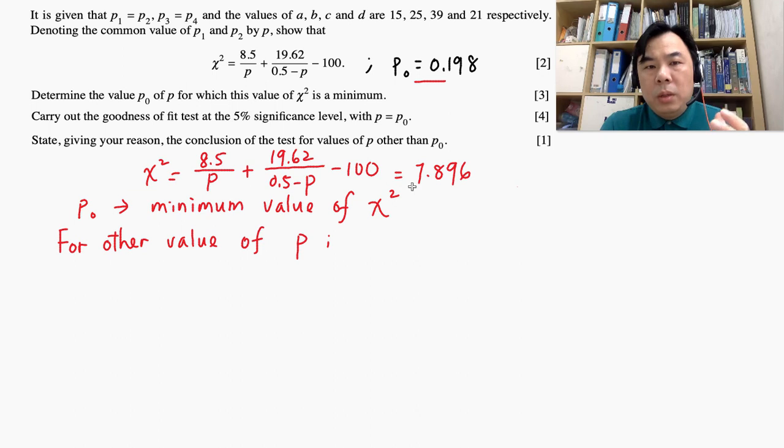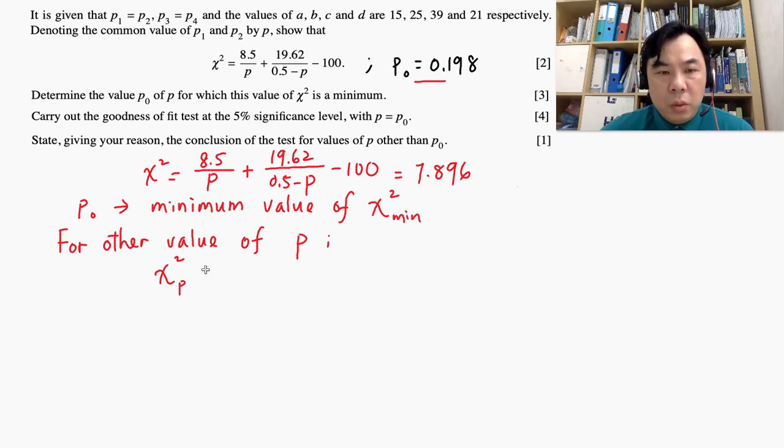Most probably it's going to yield a value that is larger than that. I'll call this the minimum so it's easier to refer. For any other value of p, the test statistic chi-square value would definitely be greater than the minimum chi-square value that we have already predetermined based on the p naught.